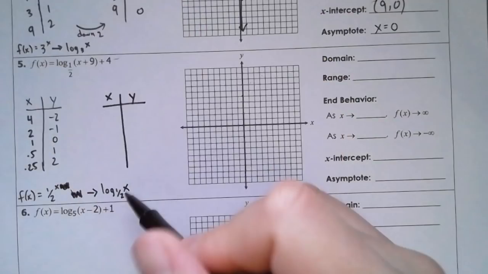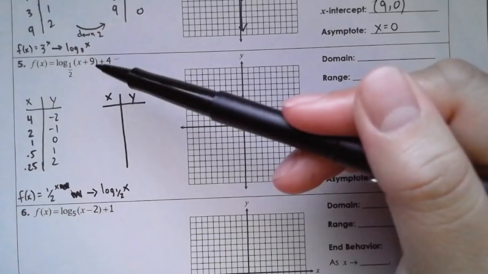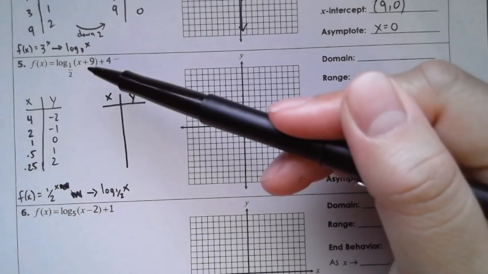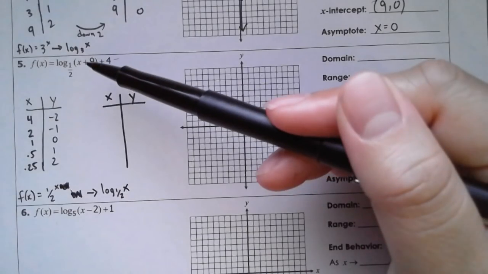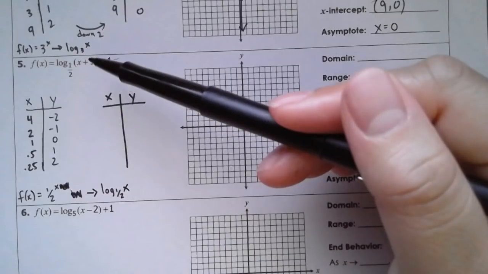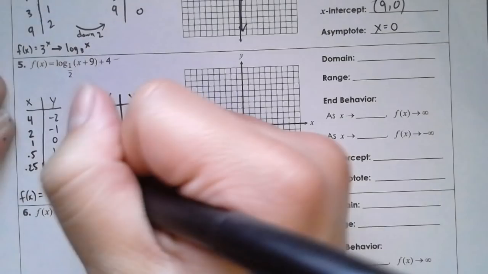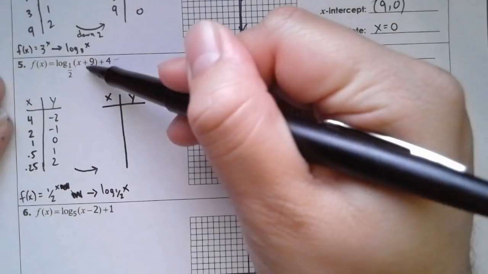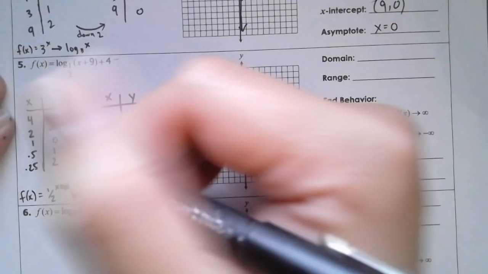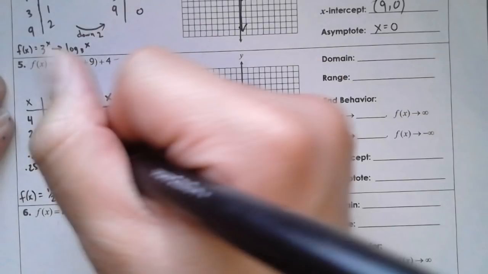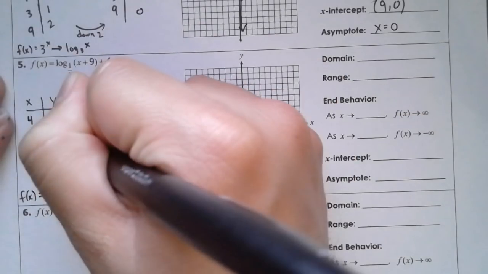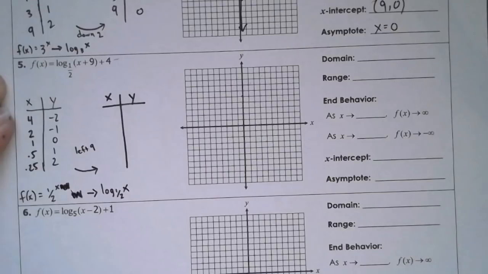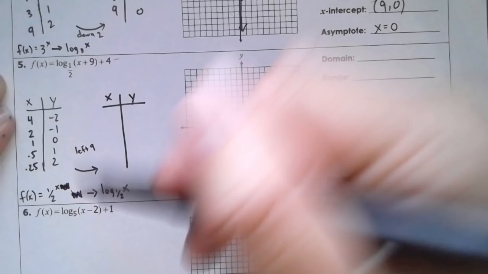Okay, 9 would be a, let's see, let's draw my arrow here and let's describe. The 9 is plus 9, so it's to the left 9. I plug in the negative, so left 9, and then the plus 4 at the end is up 4, so up 4.